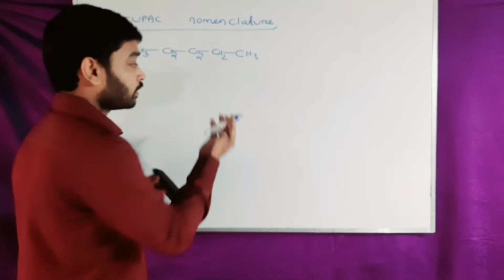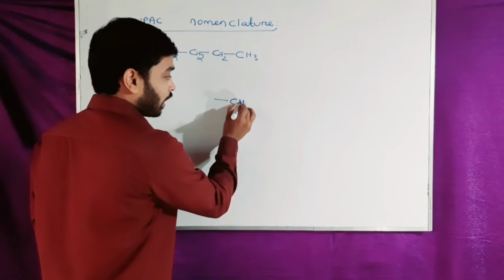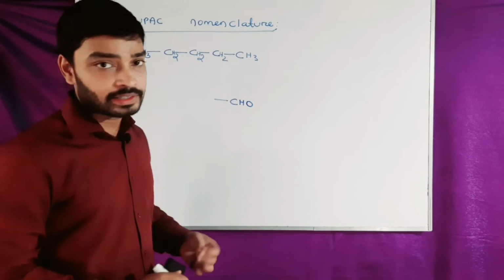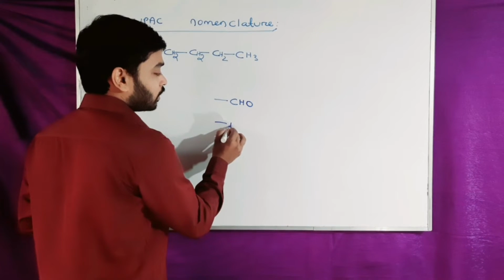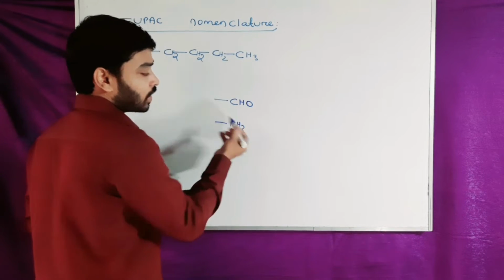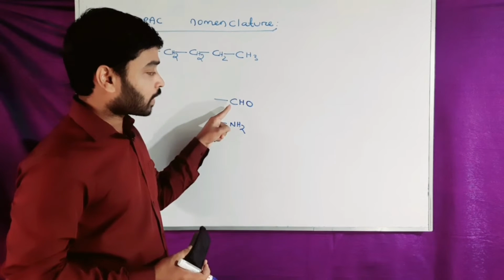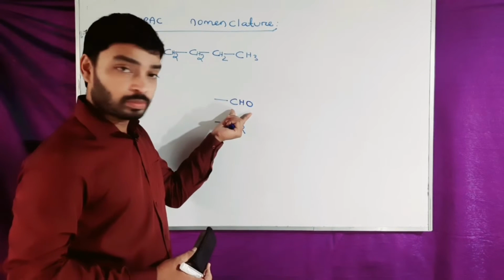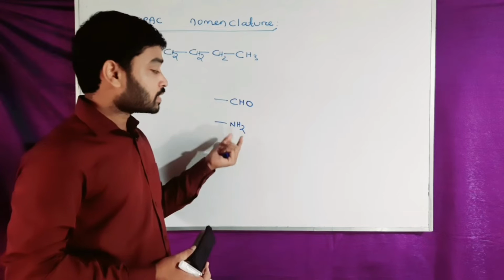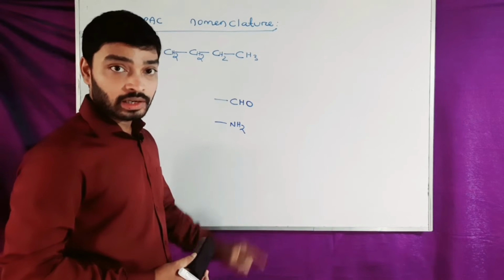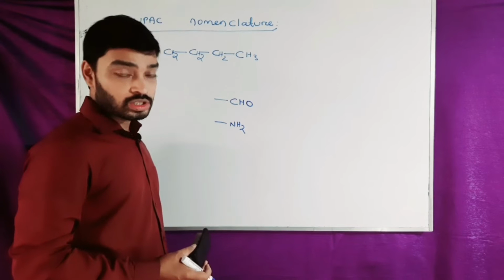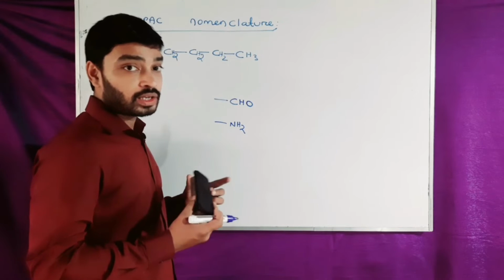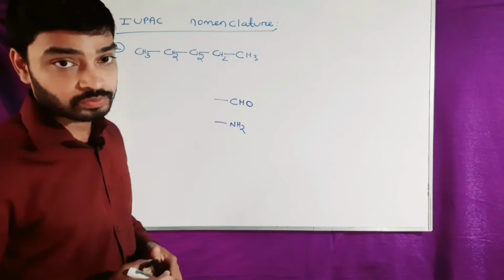For example, carbon hydrogen along with oxygen is one type of functional group, which is called aldehyde. Similarly, non-carbon containing, that is here NH2, is the amine. Similarly, non-carbon containing atoms or groups can also express a functional group. In this way, you can conclude that an organic compound contains a functional group.